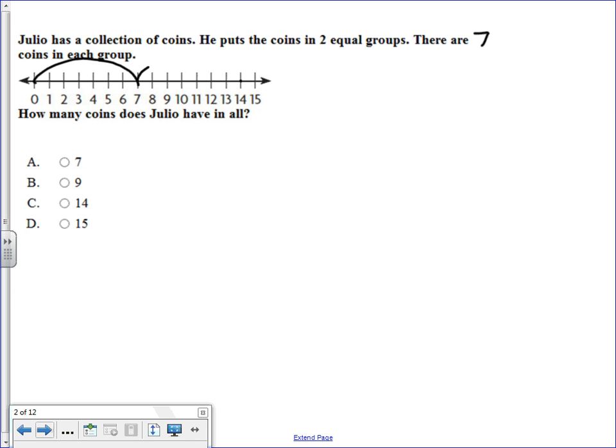You would make 2 jumps of 7 each. And that would take you to what product, John? 14. Also, you could have skip counted twice by 7: 7, 14. Who can give me the multiplication sentence that we can use to solve this problem? Jojo.